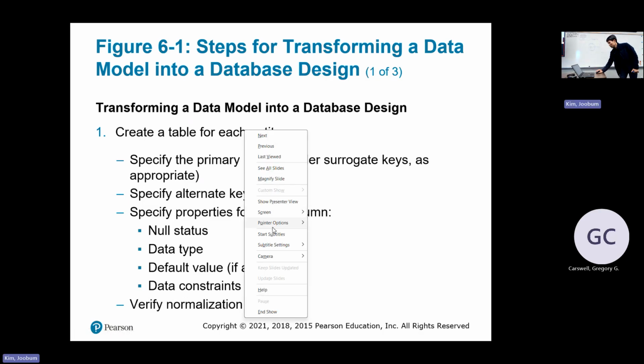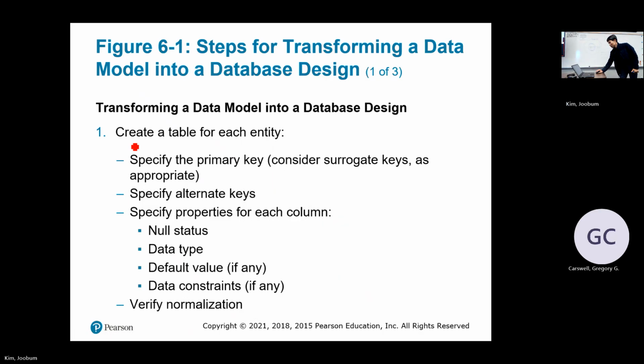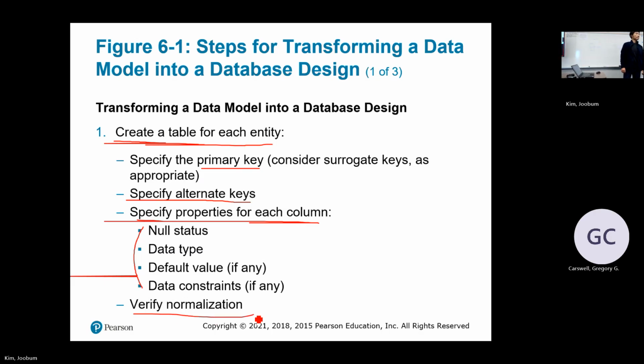So here, create a table, and then we have to select a primary key, or just in case, the alternate key, and also specify the property of each column in a table. So null status, data type, default value, and data constraints, and then do normalization.